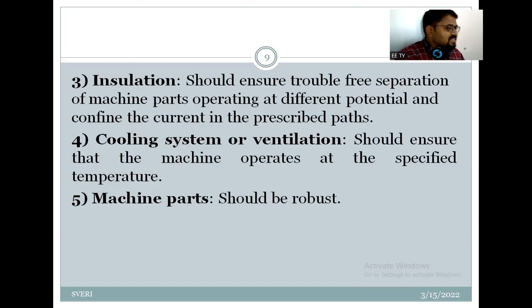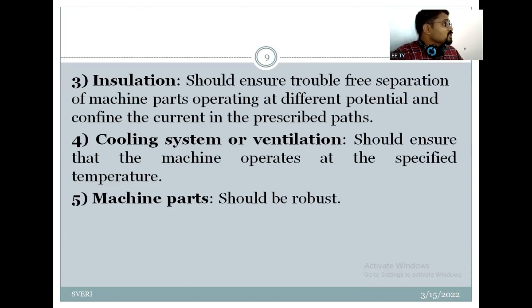For a motor, the effect is restricted, because we use the motor for a particular application only, like a water pump motor used for suctioning and giving water to the field.